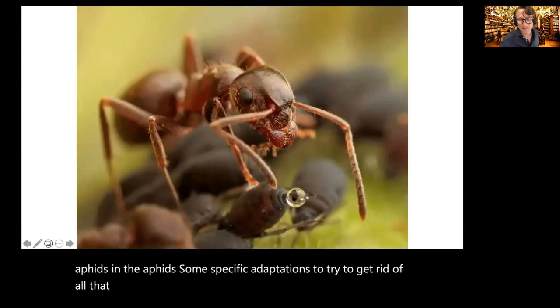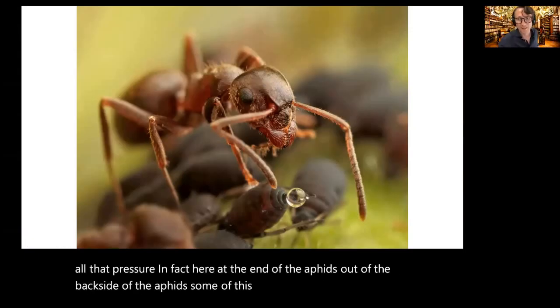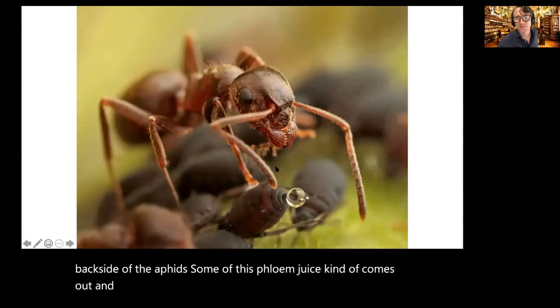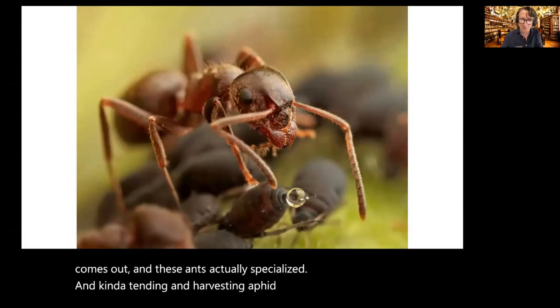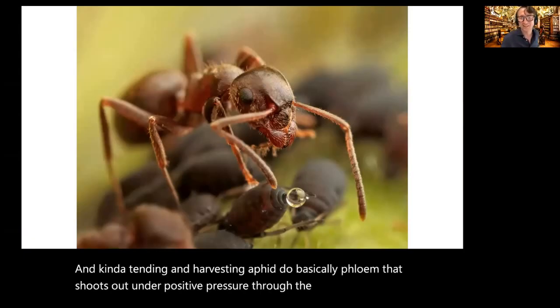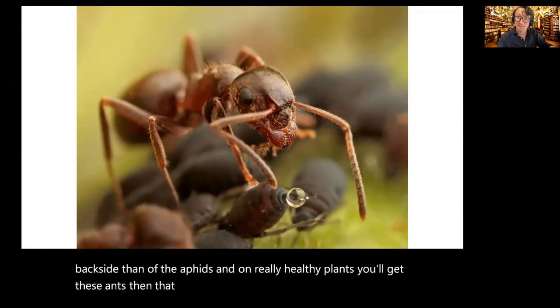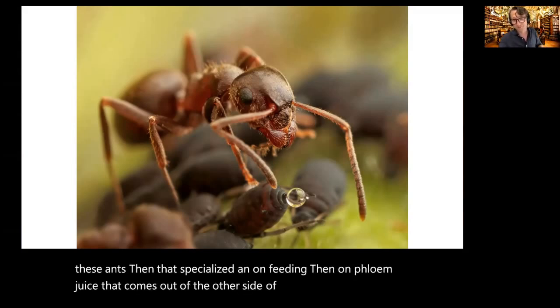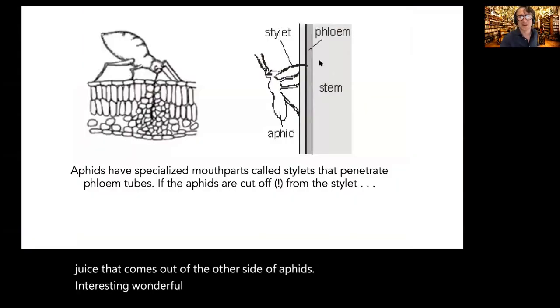In fact, out of the backside of the aphid, some of this phloem juice comes out. And these ants specialize in tending and harvesting aphid dew, basically phloem that shoots out under positive pressure through the aphid to its backside. On really healthy plants, you'll get ants that specialize in feeding on phloem juice that comes out of the other side of aphids. I know, interesting, wonderful natural history, really cool evolutionary biology too.